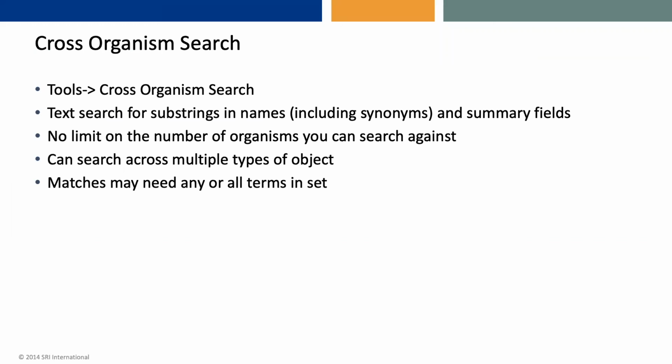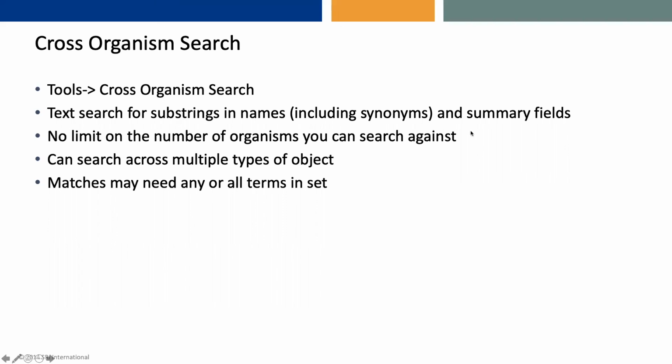Most BioCyc objects have both names and frequently synonyms, as well as a summary field, which is basically a description of the object as created by our curators. Now, tier 3 won't have a lot of information in summary fields, but most of our highly curated databases will have extensive strings in summary fields that this search will look for.